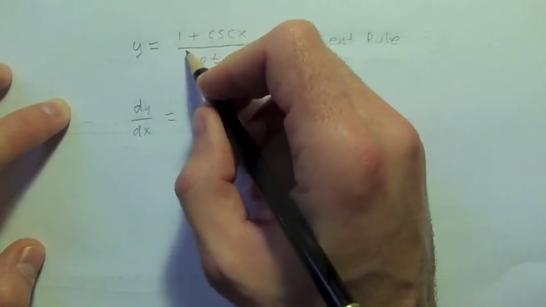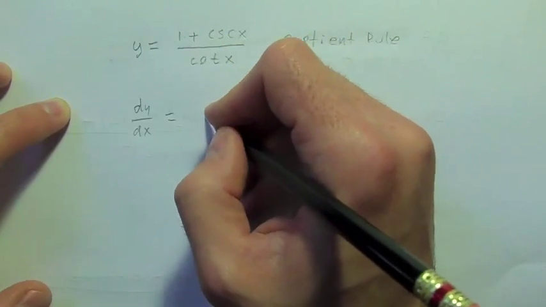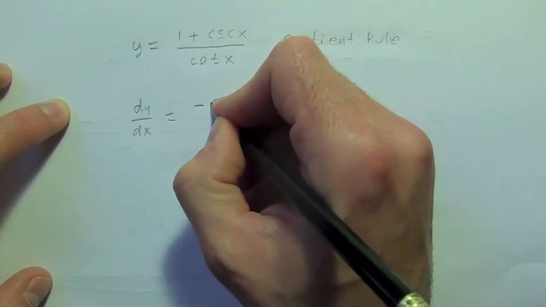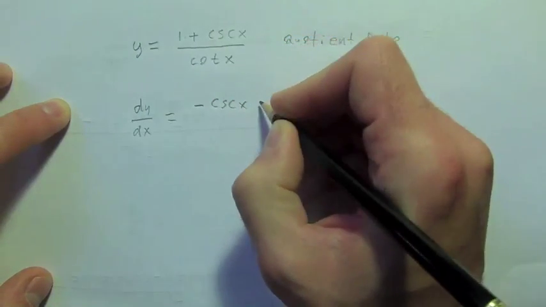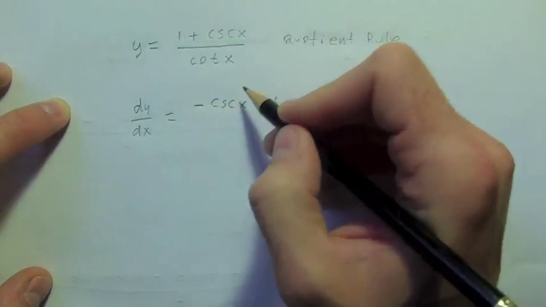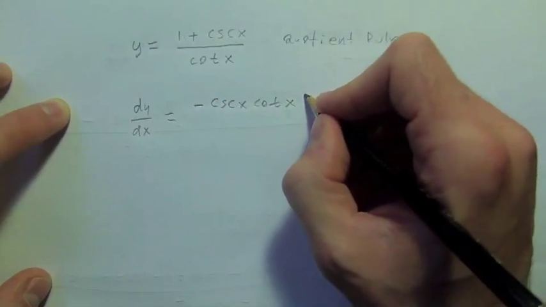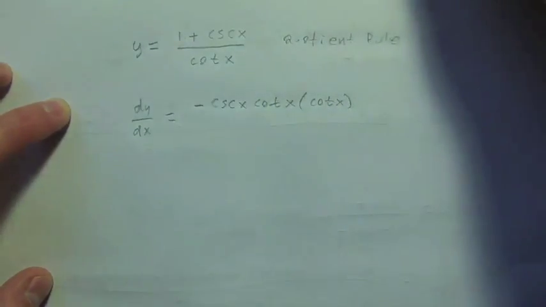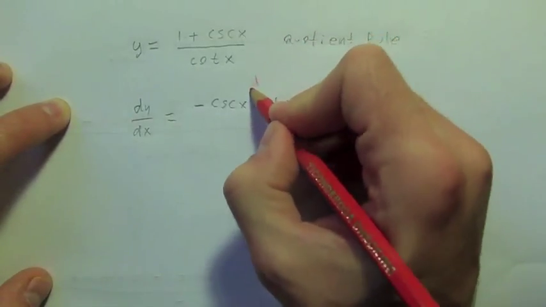Well, the 1 will go to 0, and then I have the derivative of cosecant, which will be negative cosecant x cotangent x. So there's the derivative of the top. Then it's times the bottom left alone.